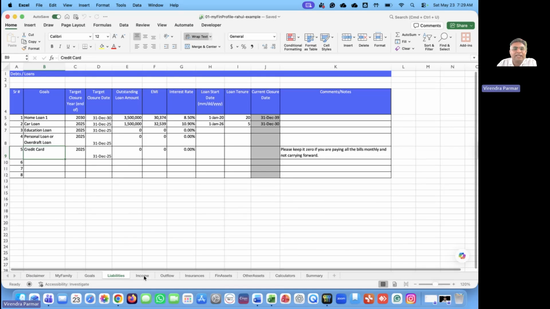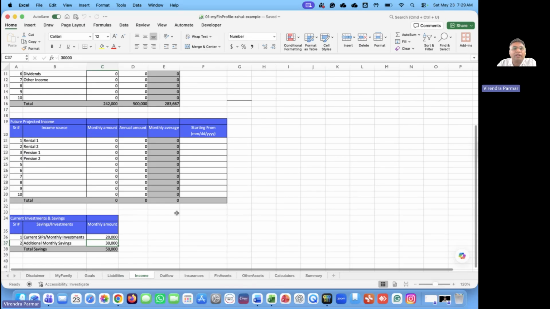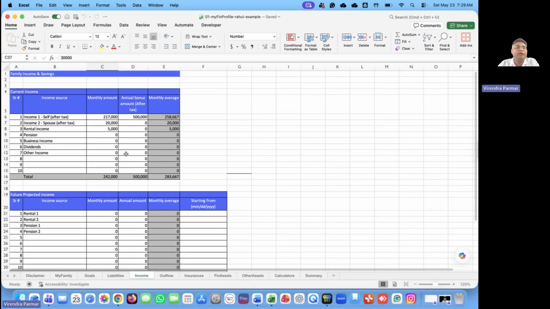Okay. Once this section is complete, move on to the income section. So over here, you cover your family's income, mostly yours, your spouse's, any rental, pension, business income, dividends, or any other income you have. You have extra rows in most of the places which you can utilize. You can also change the heading if you feel those headings are not relevant to you and put the numbers.